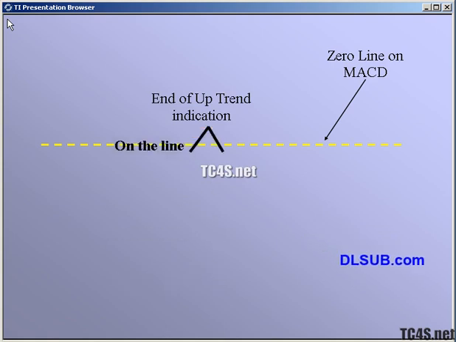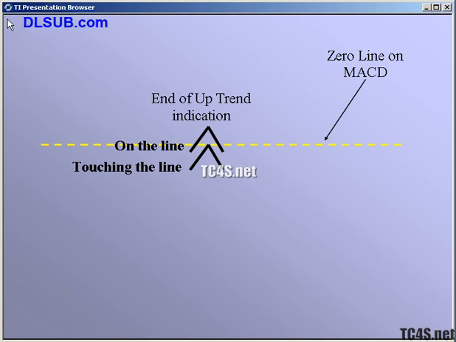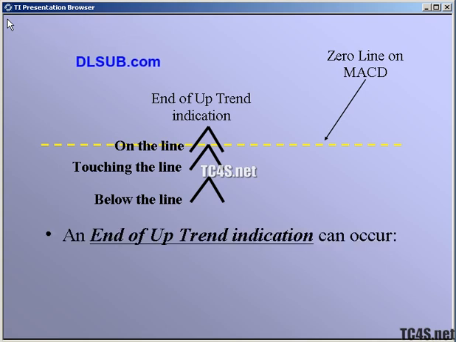It is simply an upside-down V shape that is formed by the MACD, and it can occur on our zero line, touching the zero line where the point of the upside-down V just touches our yellow dashed zero line, or it can occur anywhere below the zero line. Just so that's clear, let's go over it one more time. An end of the uptrend indication can occur on.